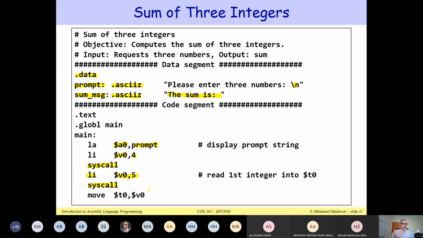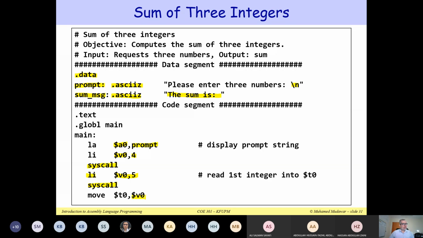The system call is going to wait for the user to enter the integer. Once the user types the integer and presses enter, then we return from the system call. The number will be converted, as I said, into a binary number, and this binary number will be returned in V0.